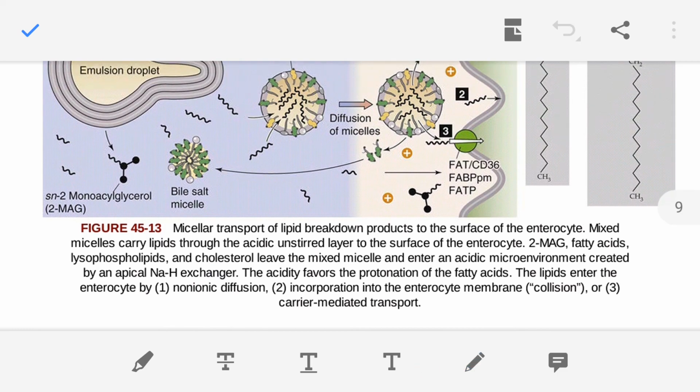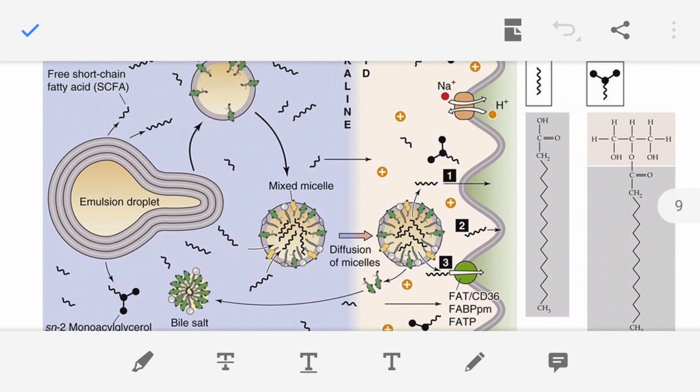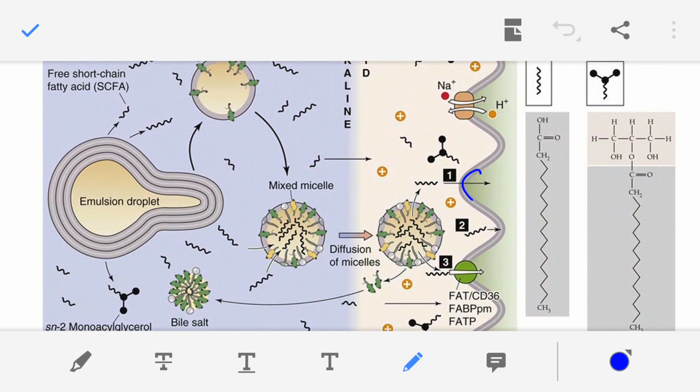Second mechanism is the incorporation into the enterocyte membrane. So this one is the membrane, and this one, number two, is the lipid digestion product.